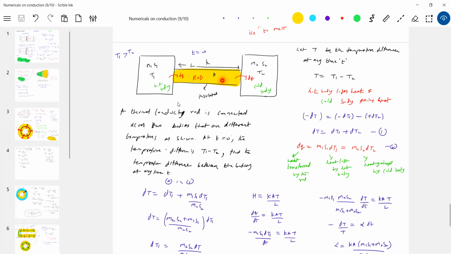Constant or can it vary? At steady state, thermal power or heat current should be constant or can it vary? Can vary. Again, we should not conclude that at steady state the thermal power should be constant.